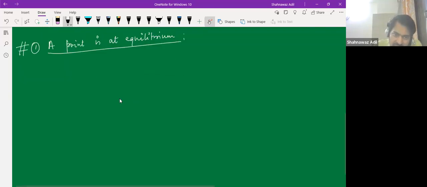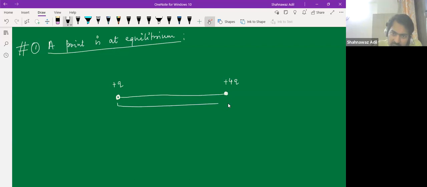Let's say we have two charges. Let's say this is plus q, and we have another charge, let's say plus 50. We are trying to find a point between these, where the distance between the charges is n, so that this point is at equilibrium.